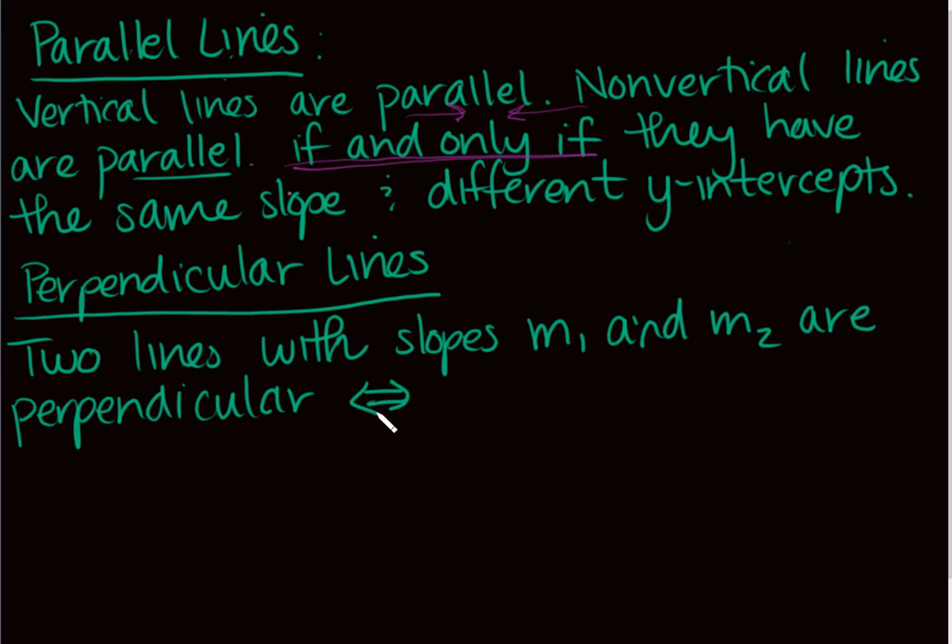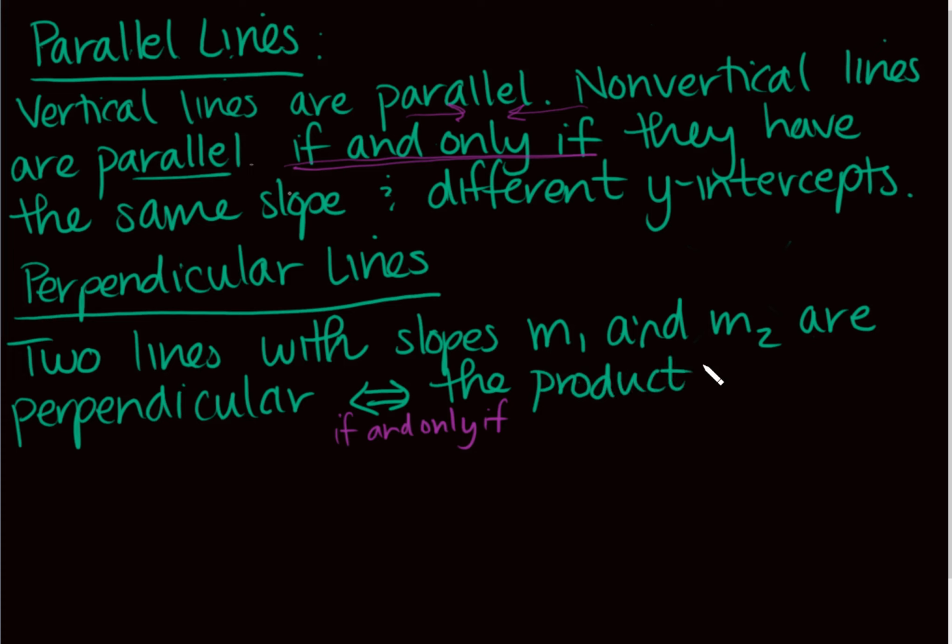This is shorthand for if and only if, because heaven forbid I have to write out four words, right? At some point, I'll write you an entire sentence with no actual words. That's like a theorem in mathematics in only symbols. So this just means if and only if, because I'm lazy. If and only if the product of their slopes is -1.